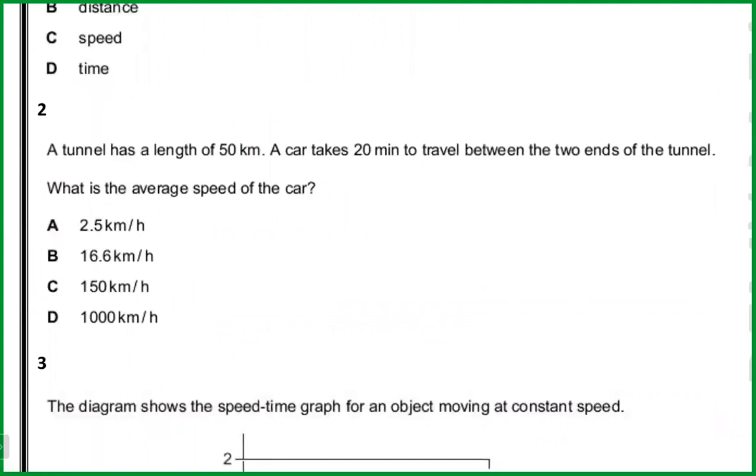A tunnel has a length of 50 kilometers. A car takes 20 minutes to travel between the two ends of the tunnel. What is the average speed of the car? 150 kilometers per hour.